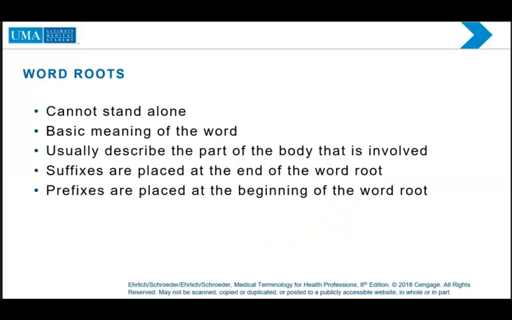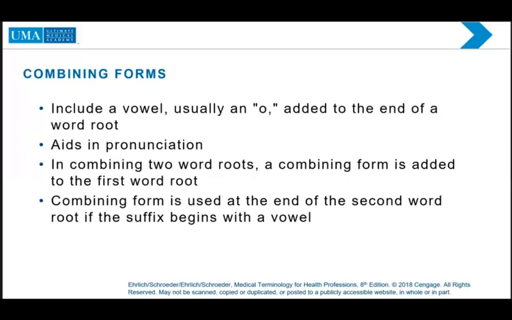Word roots cannot stand alone. The basic meaning of the word usually describes the part of the body that is involved. Suffixes are placed on the end of the word root. Prefixes are placed at the beginning of the word root. Combining forms include a vowel, usually an O, added to the end of a word root.